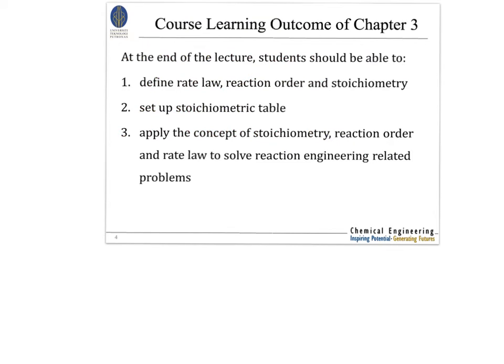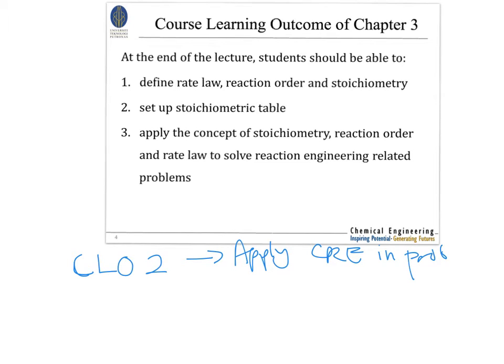Okay, so this is the learning outcome of chapter 3. So chapter 3 also addresses CLO number 2 of the course, which is to apply the principle of chemical reaction engineering in problem solving.